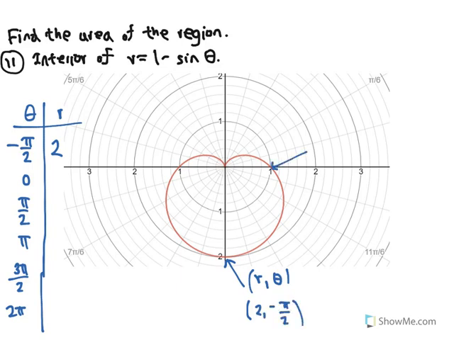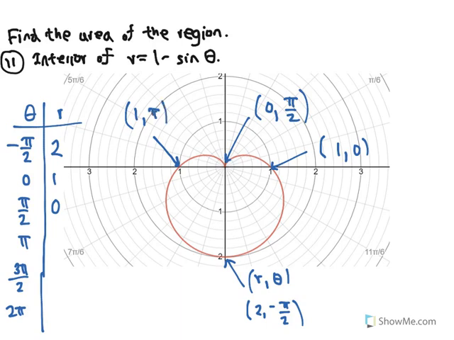And then you have the point here, which would have polar coordinates r theta, where r would be 1 and theta would be 0. You have this point here, r would be 0 and theta would be pi over 2. This point has coordinates, r would be 1 and theta would be pi.